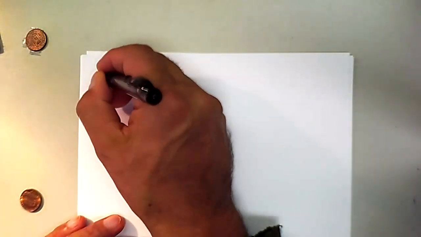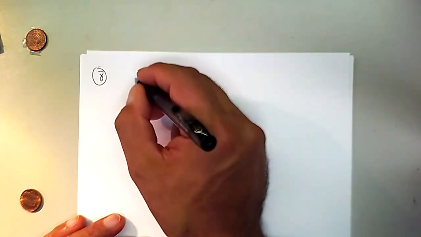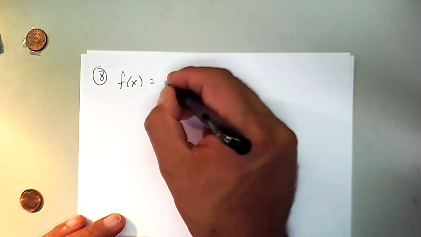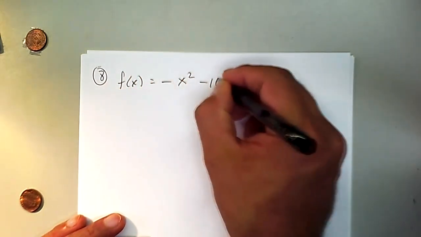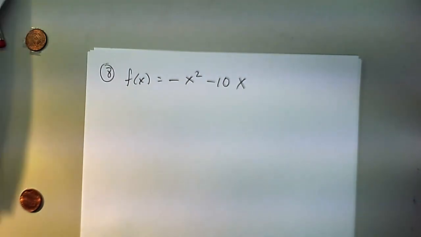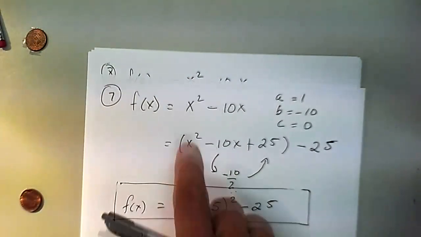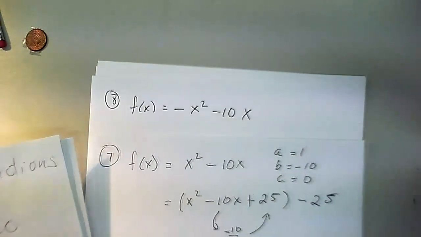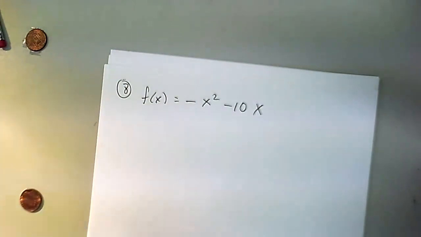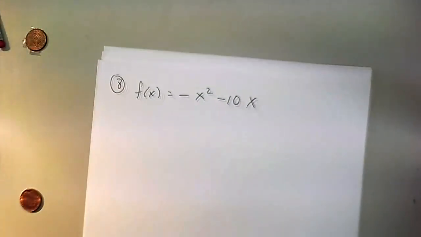Example 8. Okay, so I like to change one thing at a time. Example 6 was x squared minus 10x. I kept the minus 10x, but I changed the negative. In that case, we factor out the negative.